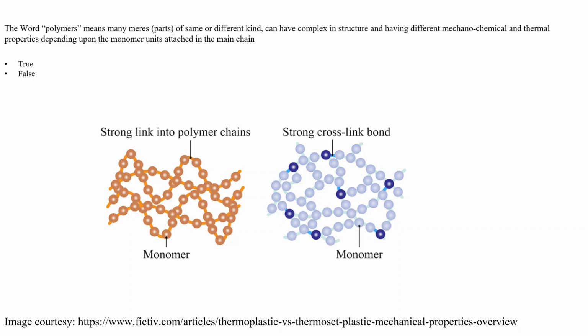Now, in this case, the mer and the monomer may not be the same. Why? Because sometimes, for example, in a condensation polymerization reaction, the monomer is actually formed by a combination of two initial reactants. Those two reactants combine to give you a single monomer, and that forms the monomer for the entire polymer.